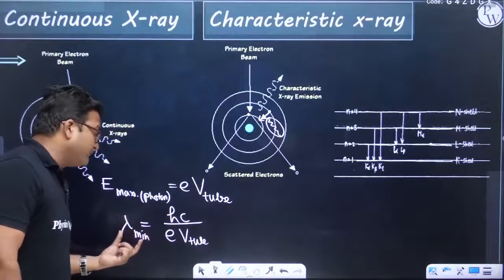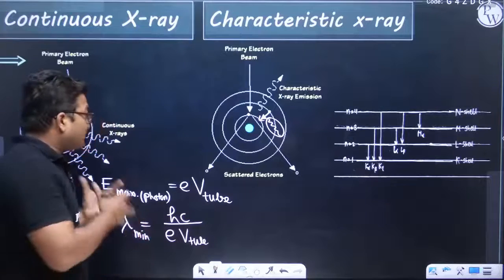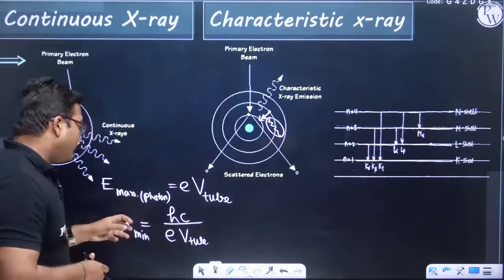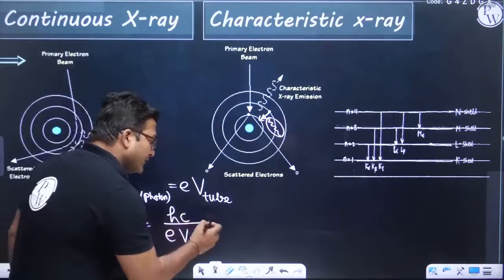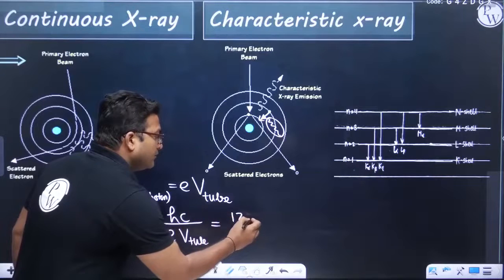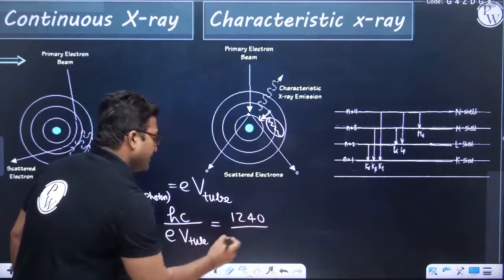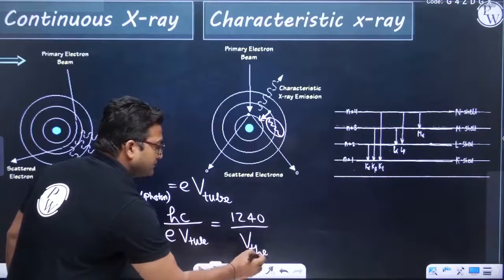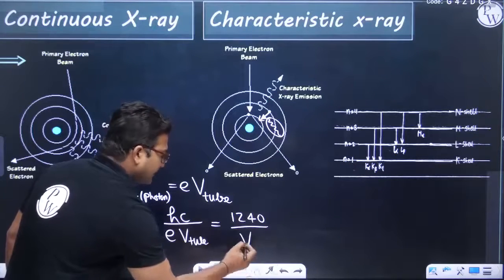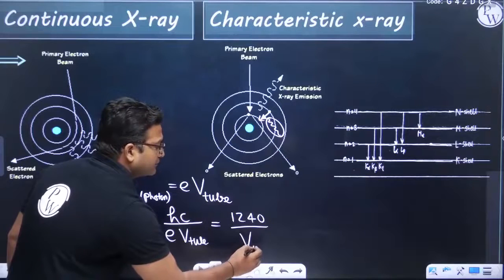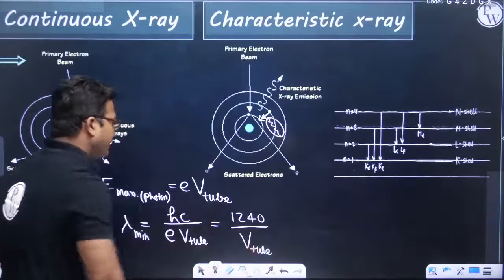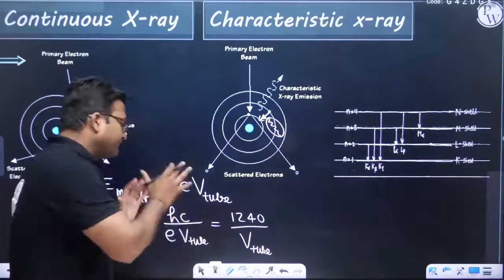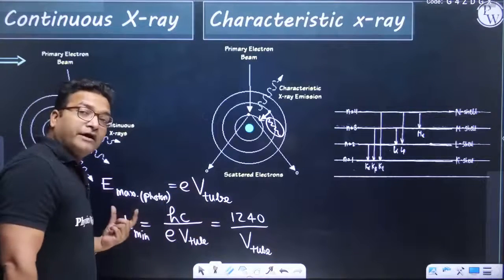So this is the minimum wavelength that we get in the spectrum of continuous X-ray, remember. And if you want to find this numerically, remember hc equals 1240, and here you have to put simply the tube voltage, because that will be the energy in electron volt, and we can find lambda minimum. Okay, so that is about continuous X-ray and minimum or cutoff wavelength.